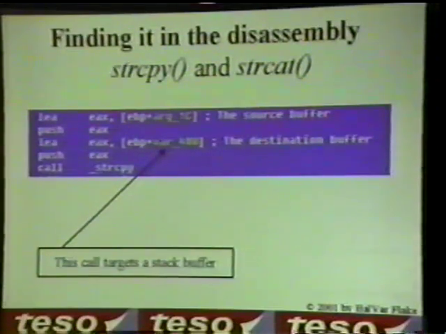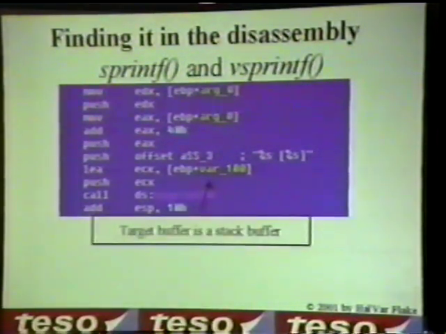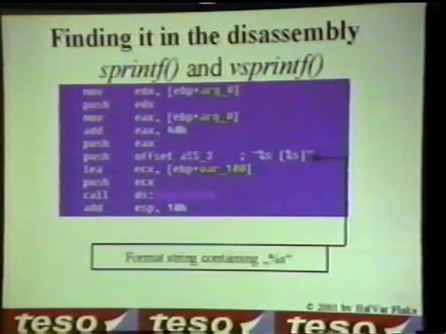So this has to be considered dangerous and should be investigated. Then we have a sprintf here in the disassembly, which targets a static stack buffer of 100 hex bytes, and which expands 2 non-static strings into it using %s in the format string. So this is dangerous as well.